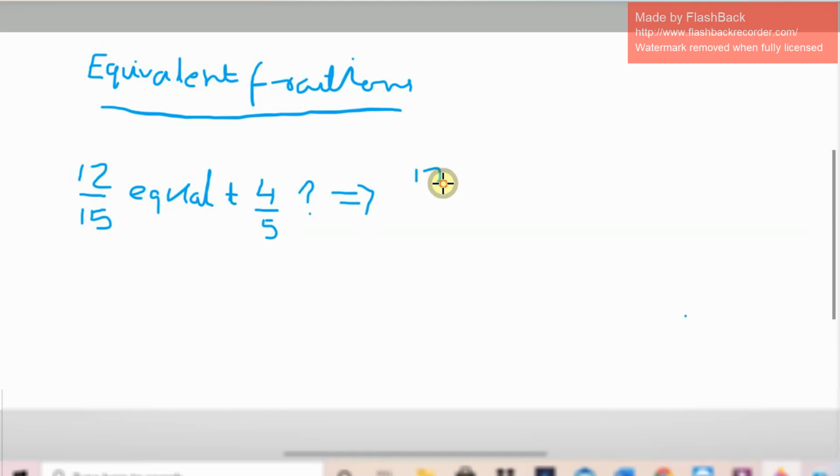So 12/15 equals 2 into 2 into 3/3 into 5.